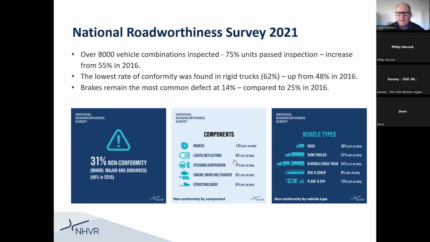For those of you who have that type of vehicle in your fleet, the purpose of today is to provide some feedback and information back to industry to say this is what we're seeing, and if you have a rigid vehicle in your fleet, and I'll talk about age shortly, there is a higher likelihood of having a non-compliance as far as a defect.